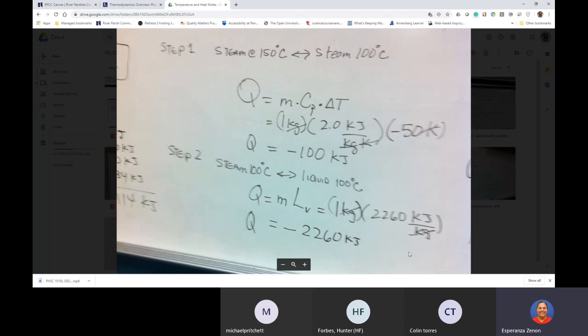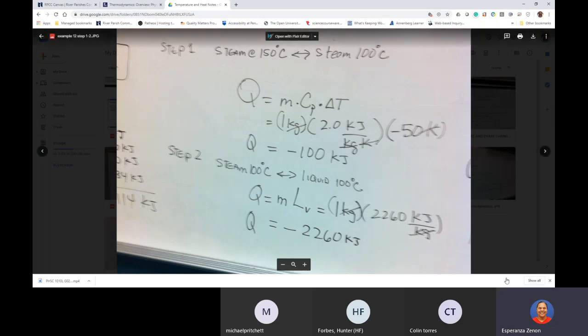You have to know that in order to accomplish step 2, to change the phase from steam to liquid, you have to remove heat. So you have to put in a negative sign. Because if you miss that, then you will be telling me to change steam to liquid, I put in heat. And that's incorrect. So it's on you to correctly put in the minus sign here.